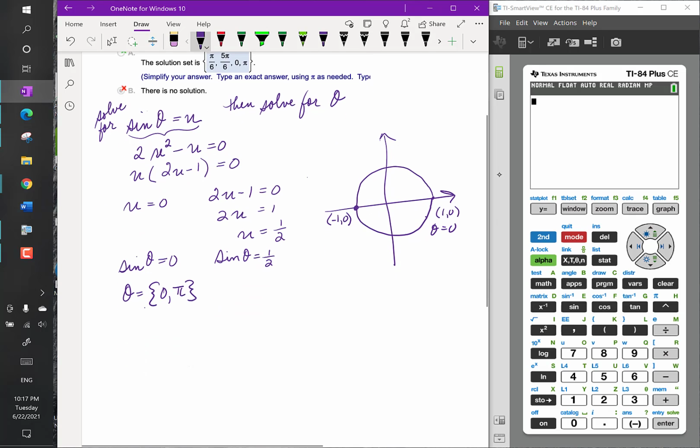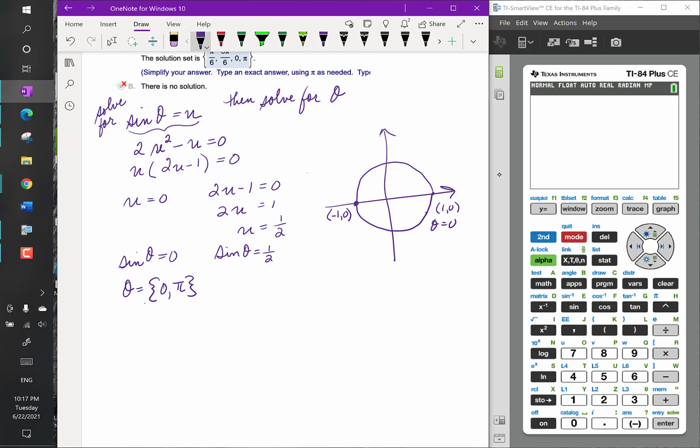Okay, and when sine is 1/2, it's positive. So the sine is 1/2 over here. We should know these: 1/2, square root of 3 over 2, and square root of 2 over 2. Those are the special angles.